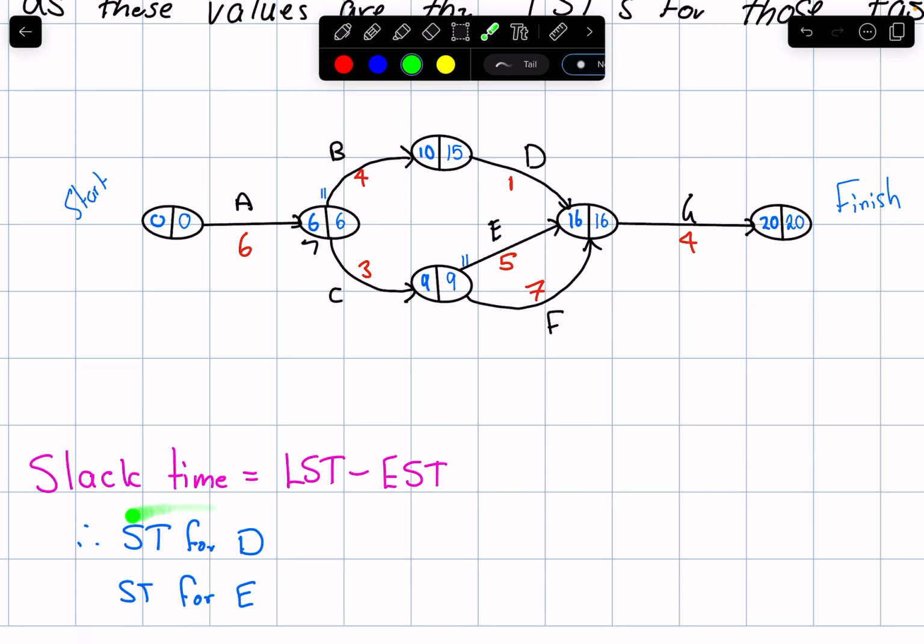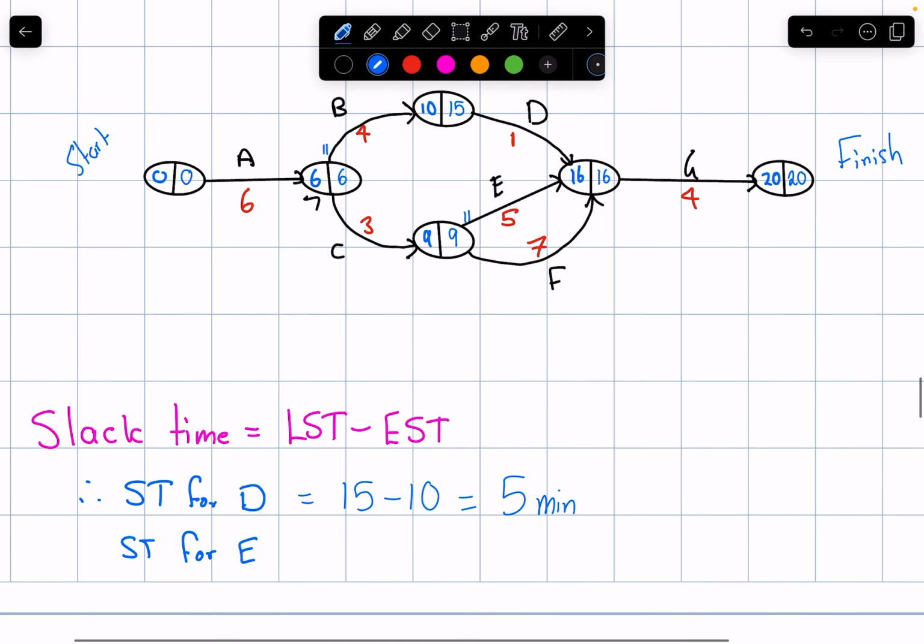So let's have a look at the slack time for D. Task D is here, so I go to the node at the start. LST is 15, EST is 10. So I've got 15 minus 10, which equals 5 minutes in our case. It's as simple as that.